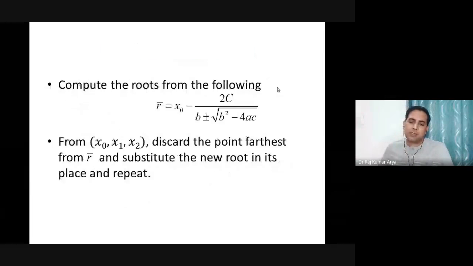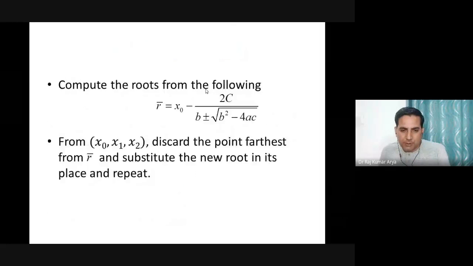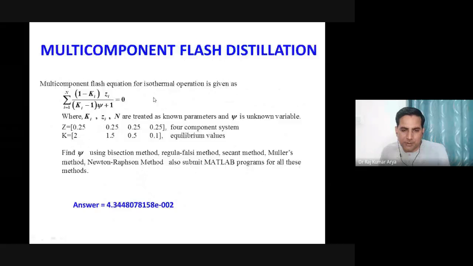So this is another method here, Mueller's method. We will cover it, but I would show you a problem so that you can do something this weekend. This is one of your examples: multi-component flash distillation.